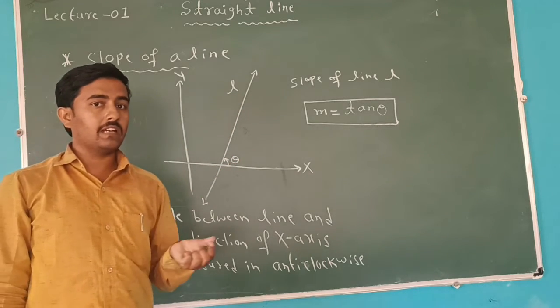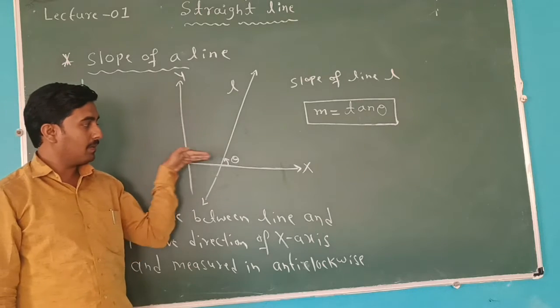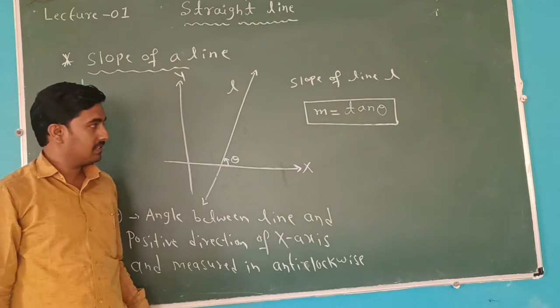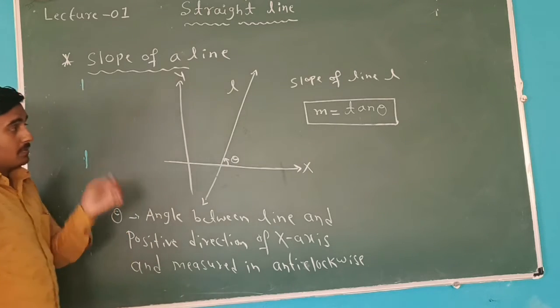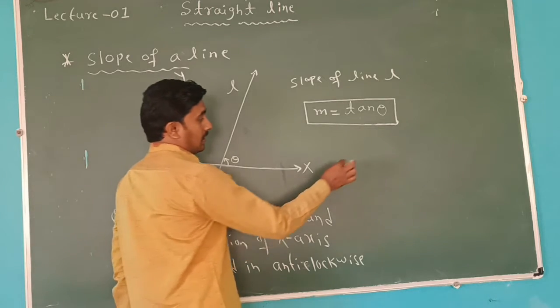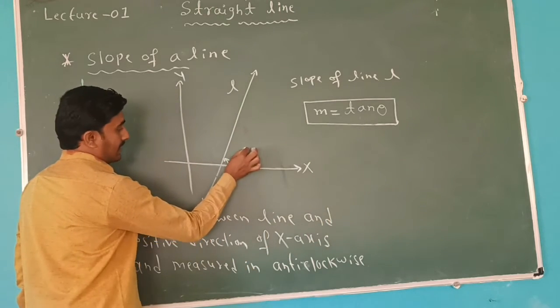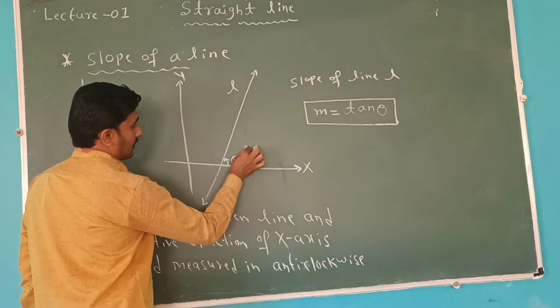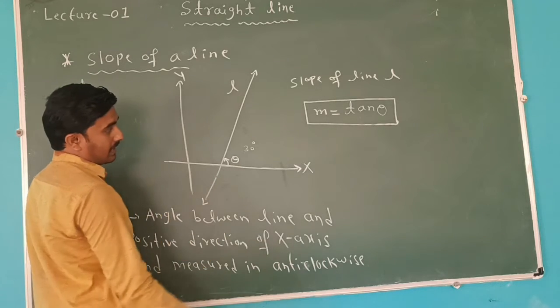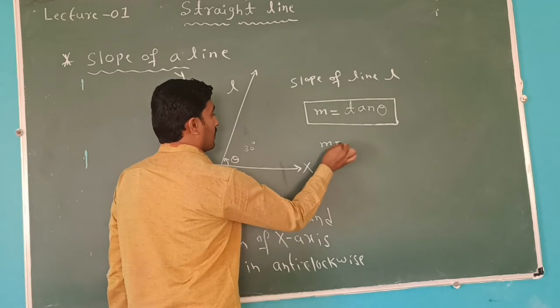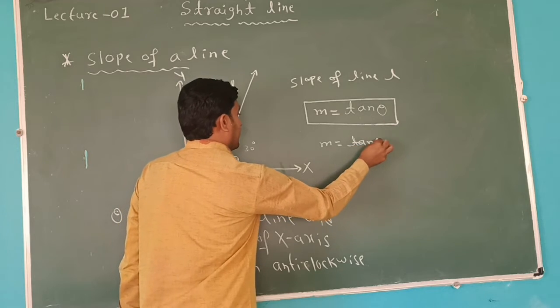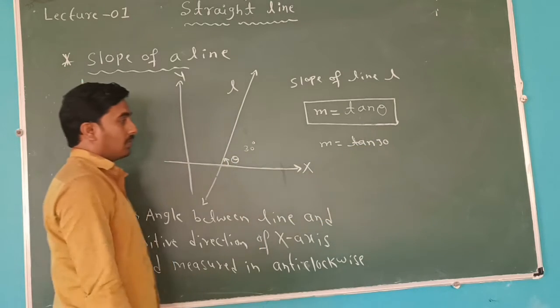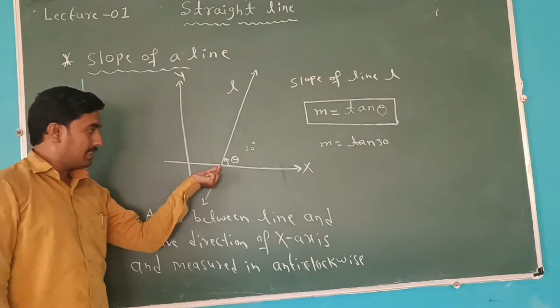What is theta here? The angle between the line and the positive direction of the x-axis. For example, suppose this theta is 60 or 30 degrees. Then the slope of this line is m equal to tan 30, and like that if it is 60.